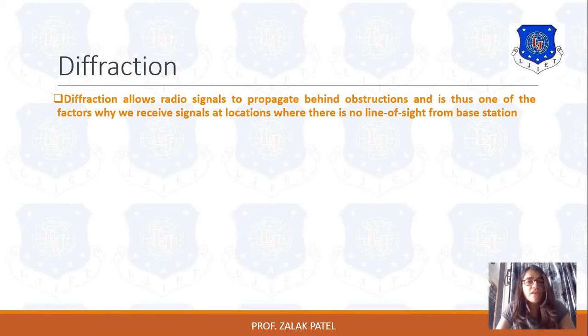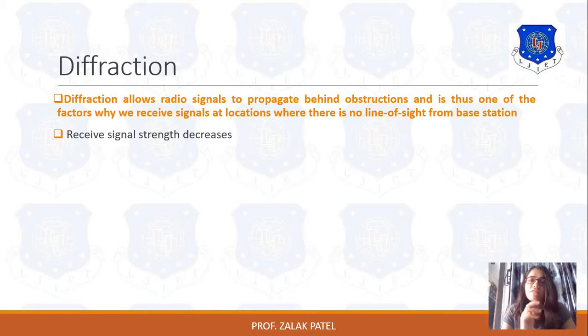Diffraction is also used when sharp-edged objects are present, like mountains or valleys, or even in urban traffic areas. But due to that type of obstruction in the path, there will be a signal strength decrease.